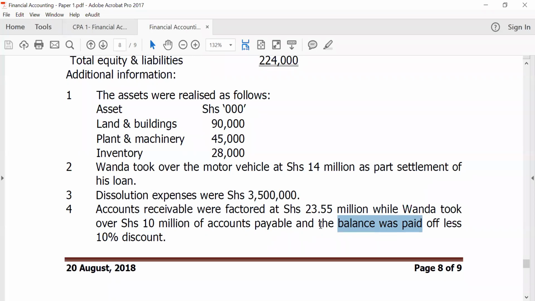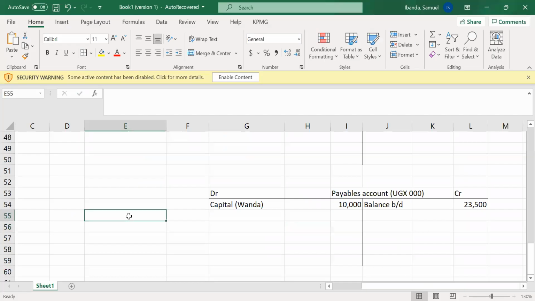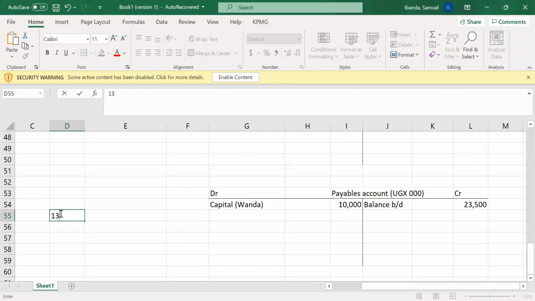So it's telling us the balance, because if it's 23.55 and they remove 10 million, you remain with 13.55. So 13.55 was paid less 10% discount. So we are going to account for that.